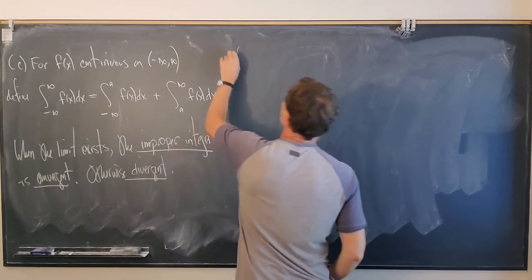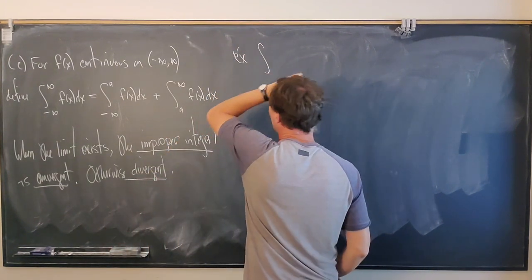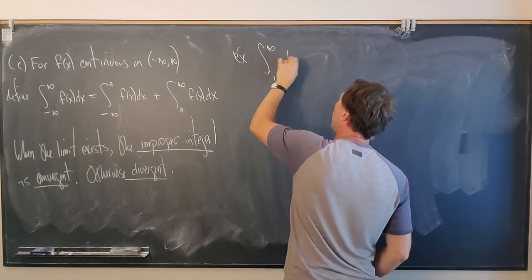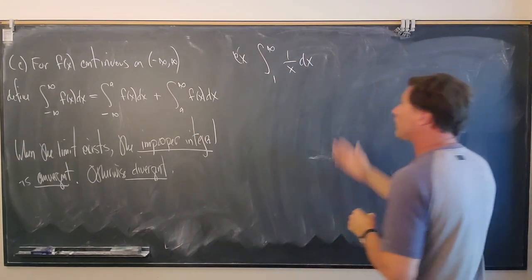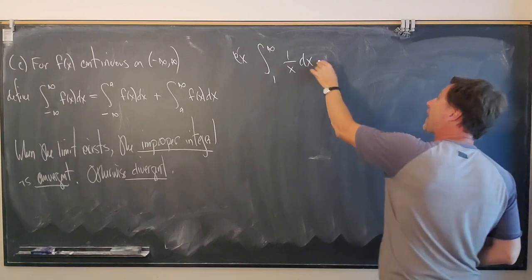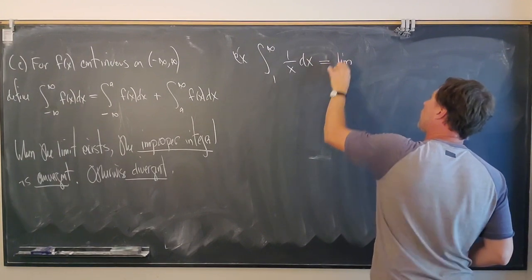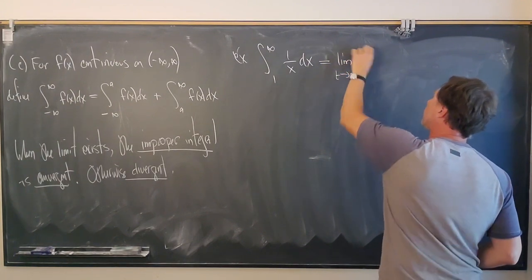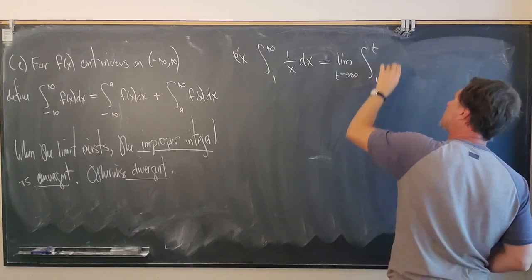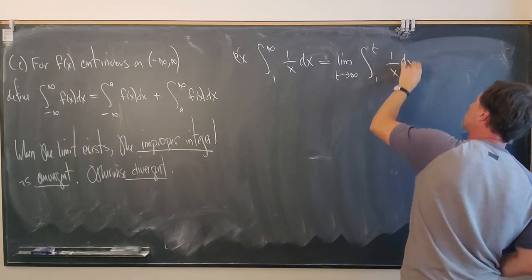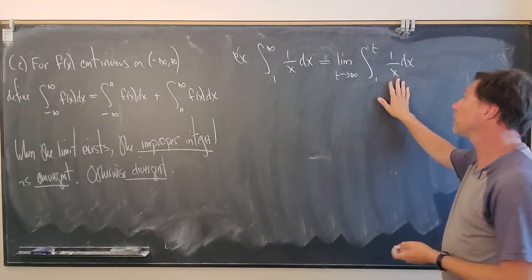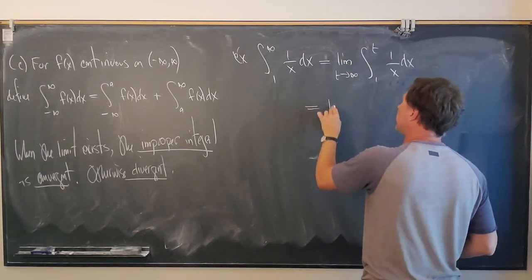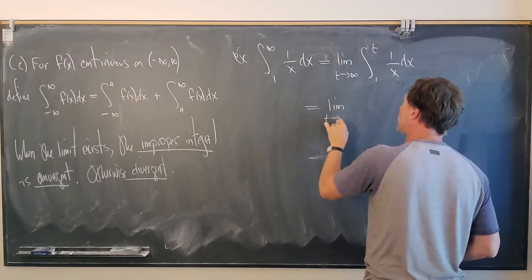So first example, let's look at the integral from 1 to infinity of 1 over x dx. Here we've got an improper integral. We rewrite it as a limit. So this is limit as t goes to infinity, integral from 1 to t, 1 over x dx. And now we compute the antiderivative as we normally would. This is equal to the limit as t goes to infinity.